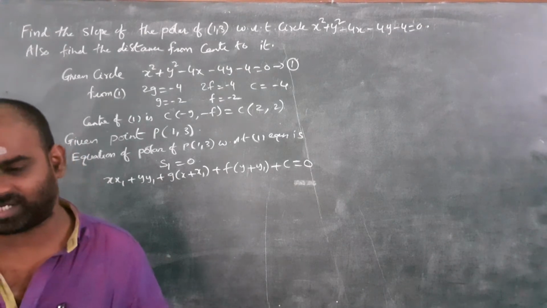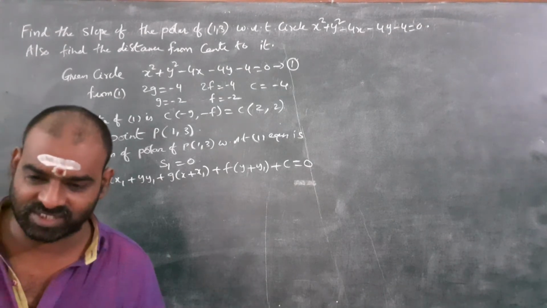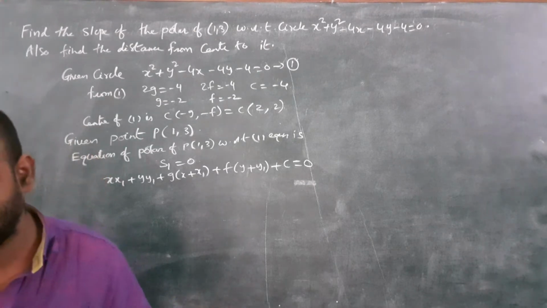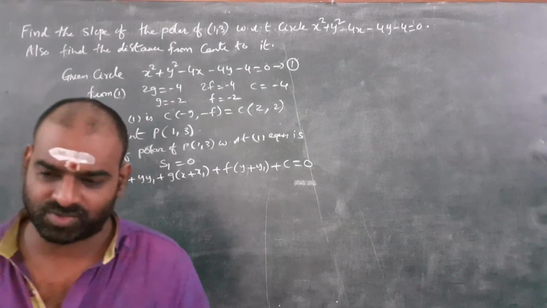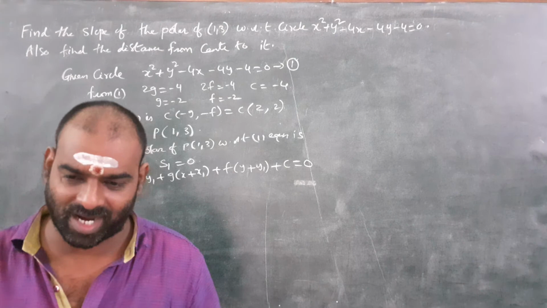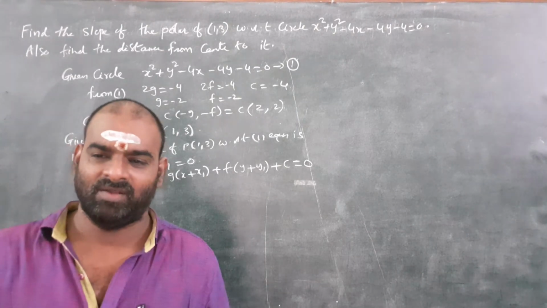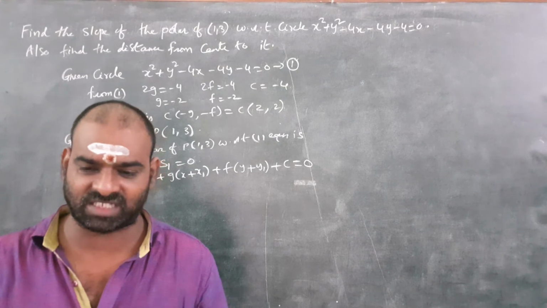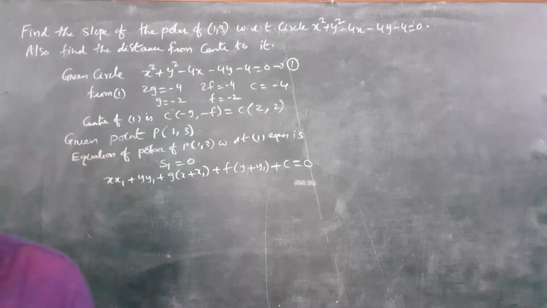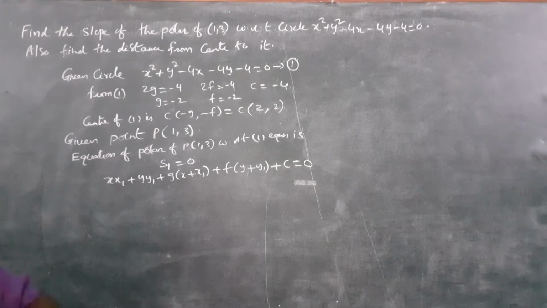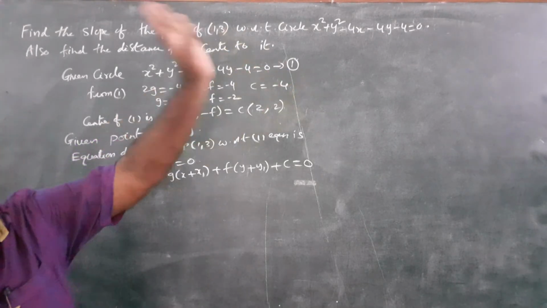In the first part they asked us to find the slope of polar. Finding the slope of a polar is possible only when we first find the polar. So first of all we have to find the polar of 1, 3 with respect to that circle.